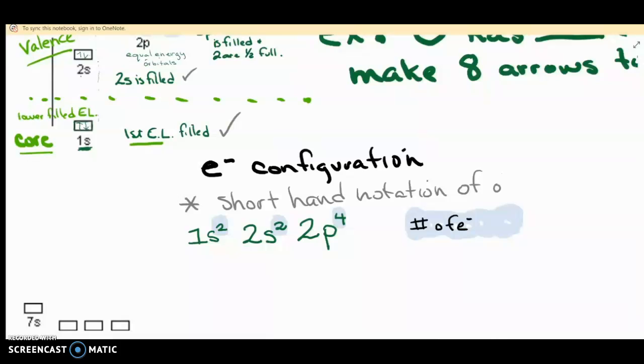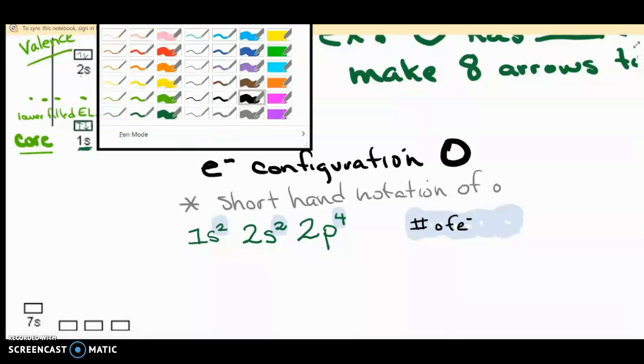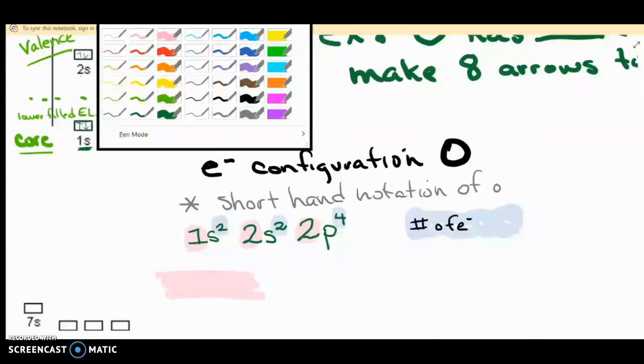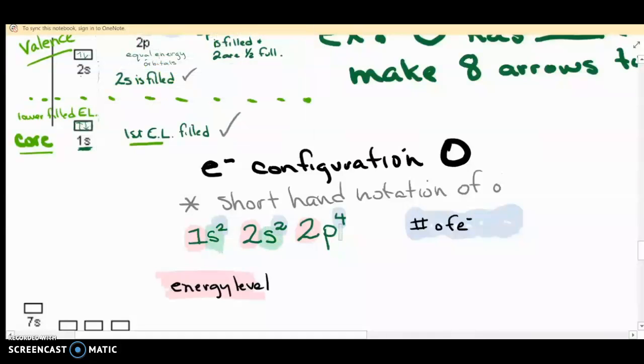So this electron configuration for oxygen shows the energy levels with the numbers, and the energy sublevels. Orbitals don't show up in an electron configuration. We don't have any way of indicating the boxes. We just do a total electron count.